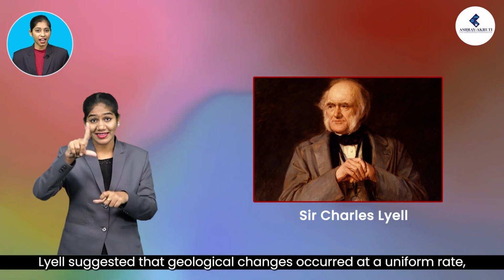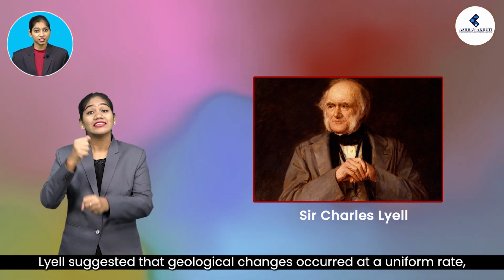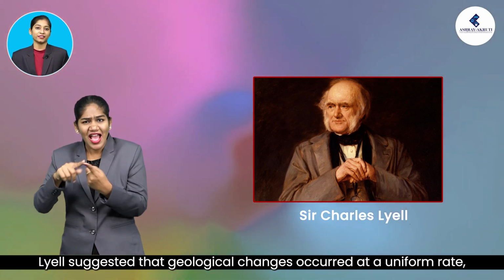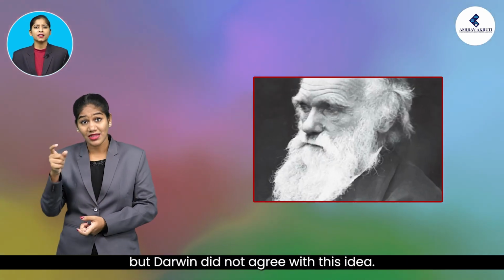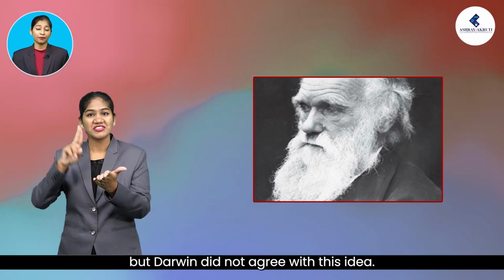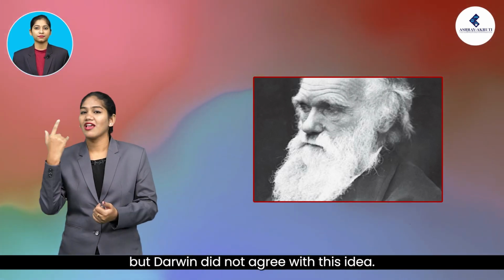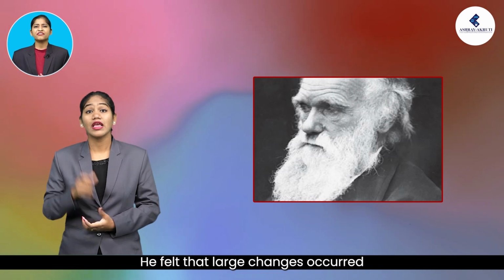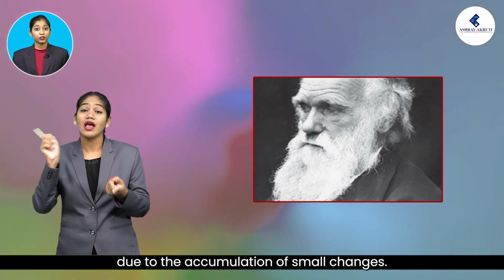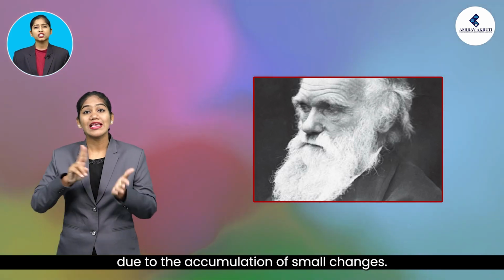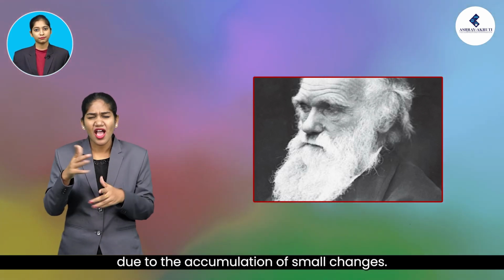Lyell suggested that geological changes occurred at a uniform rate. But Darwin did not agree with this idea. He felt that large changes occurred due to the accumulation of small changes.